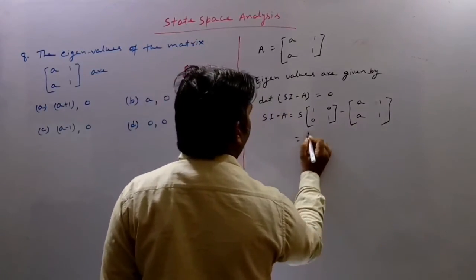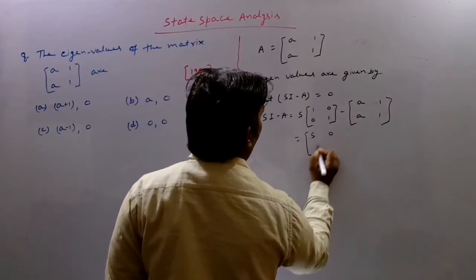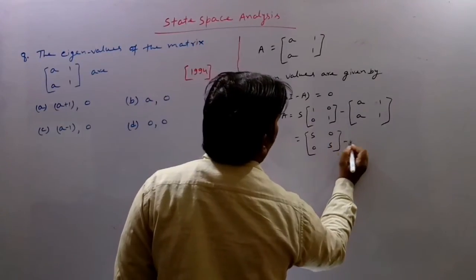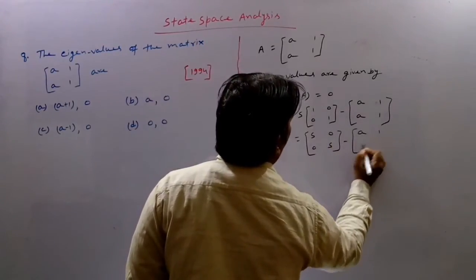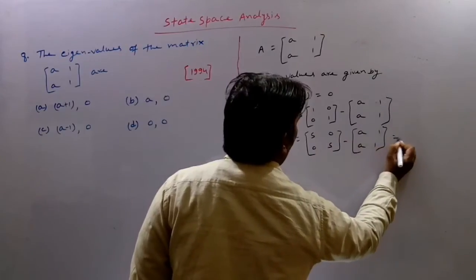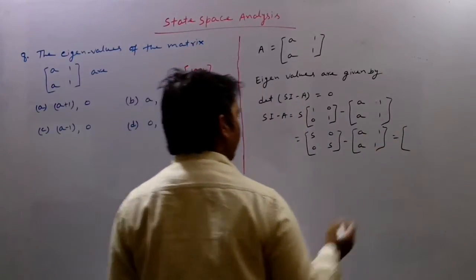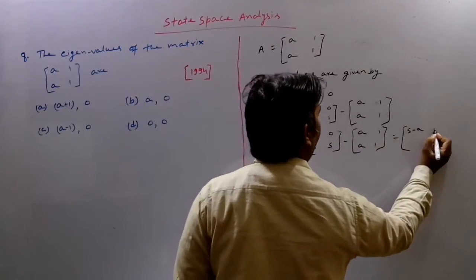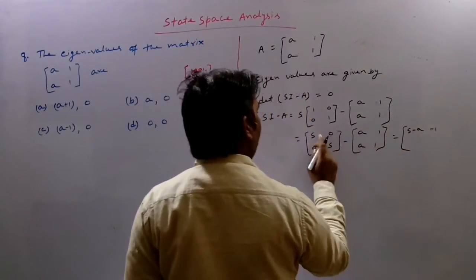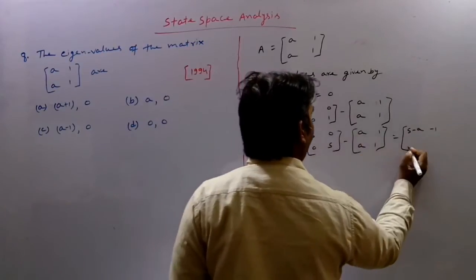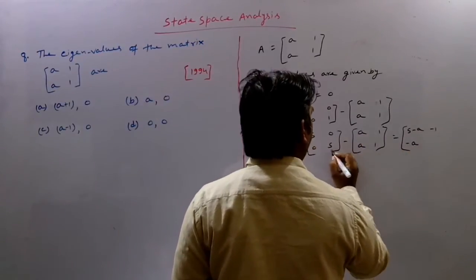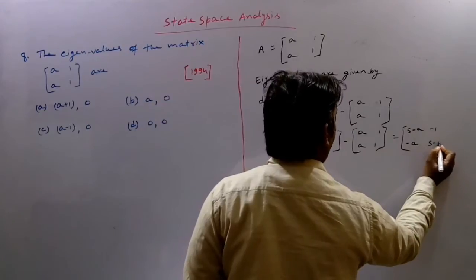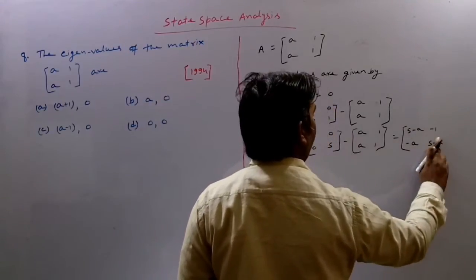Now it will be [s 0; 0 s] minus [A 1; A 1]. So it will be finally [s minus A, minus 1; minus A, s minus 1].